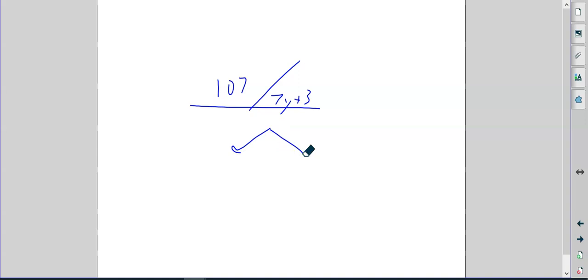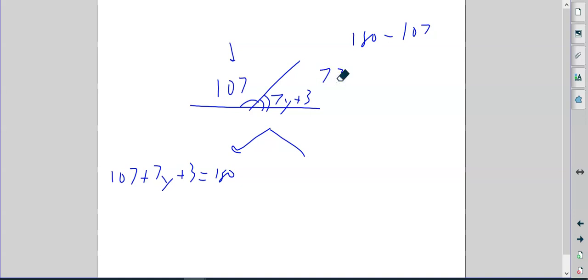Obviously, I have an obtuse and an acute, so they add up to 180. The other thing is, if I know this angle is 107, I can simply do 180 minus 107. So 180 minus 107 is 73, which tells me this angle is 73. And I know it's 7y plus 3.